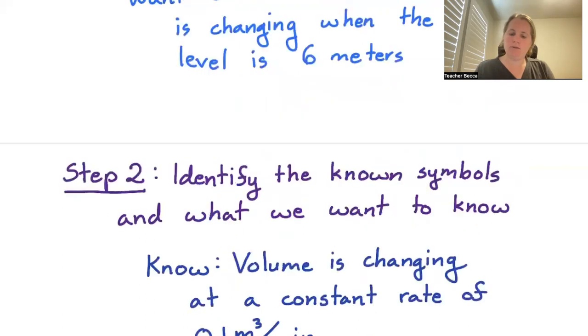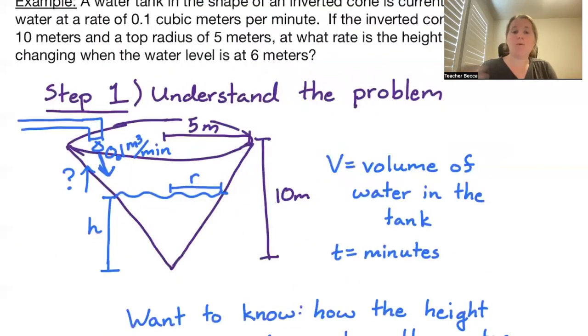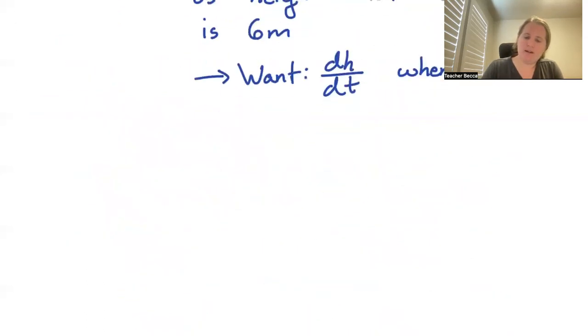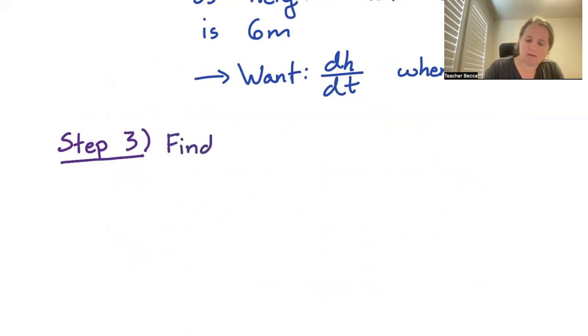So this is all the information that we were given just about the water level. We know stuff about the tank as well. That will come into play when we go to write our formula. So our step 3, we have find a formula that relates the variables.